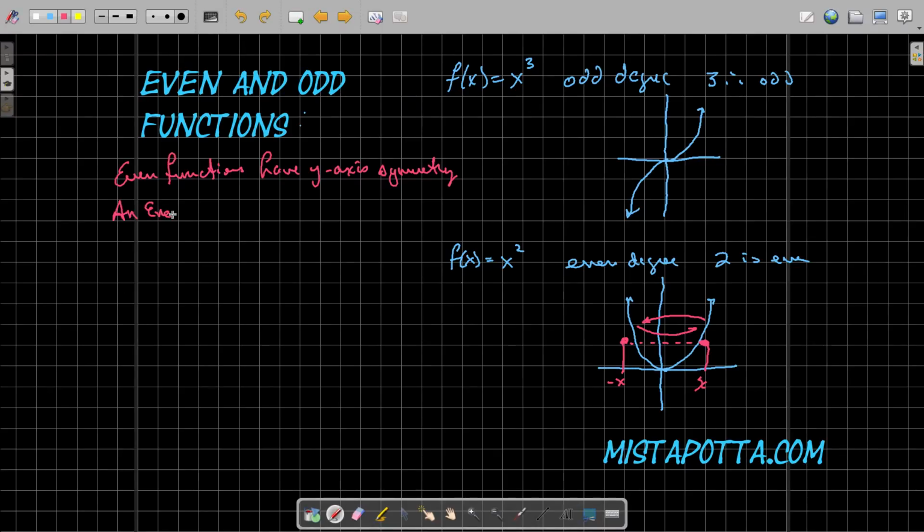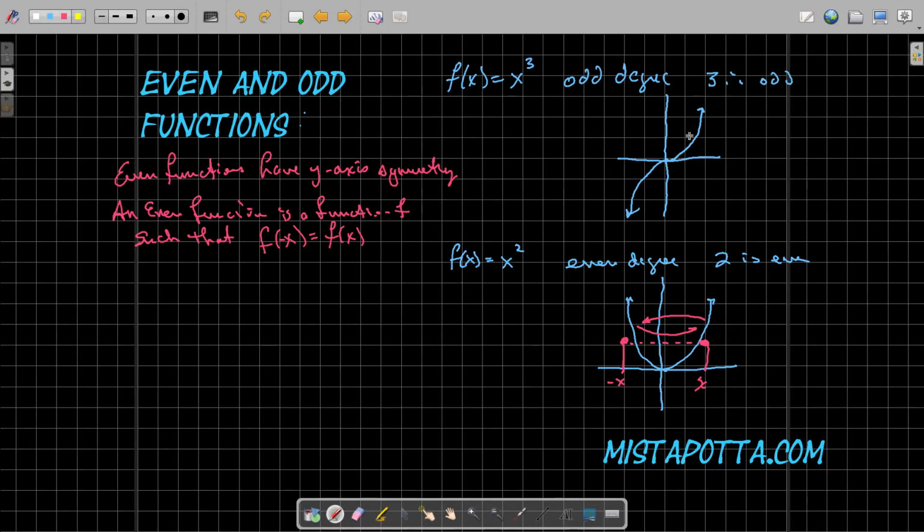An even function is a function f such that f of negative x equals f of x. In other words, substituting a negative inside the parentheses isn't going to change the y value because the y-axis is acting as a mirror. Negative 4 and positive 4 are going to look like the same y coordinate.